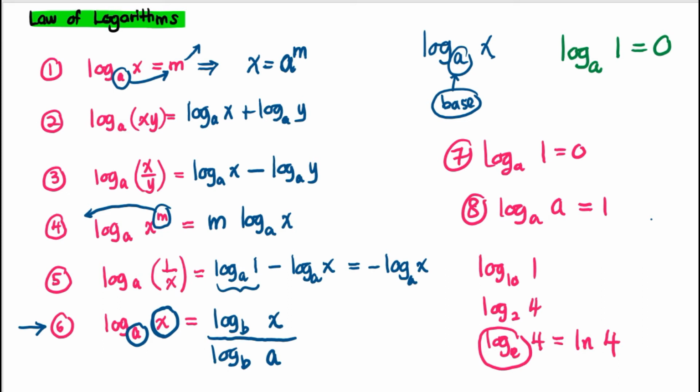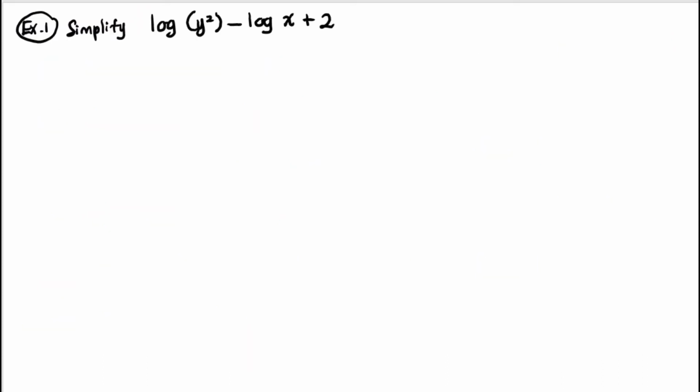Now let's try to simplify the logarithmic functions using the laws of logarithms. Suppose we have to simplify these expressions. What should we do? Suppose we want to write this as a single log, but this 2 does not have a log. Look at this: log base what number? If it is not given, it means it's actually base 10.